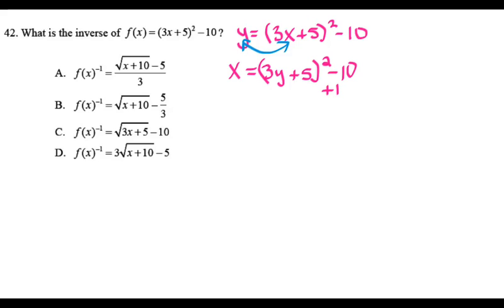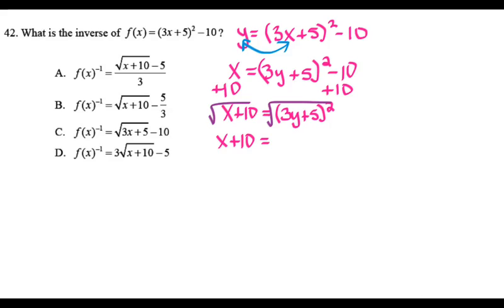So I'm going to add 10 to both sides. So I get x plus 10 equals (3y plus 5) squared. I am going to square root both sides to get rid of the square. So then I have the square root of x plus 10 equals 3y plus 5. Forgot my square root.